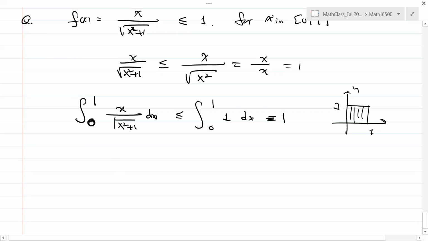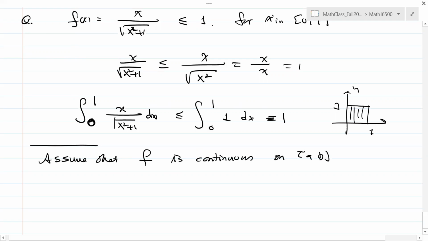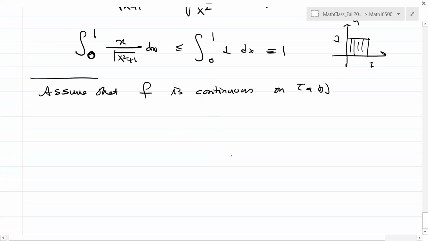All right. So now we assume that f is continuous on the interval from a to b. Okay. Let's look at the picture here. Let's draw this, right? Then you know this is the maximum value, this is the minimum value.